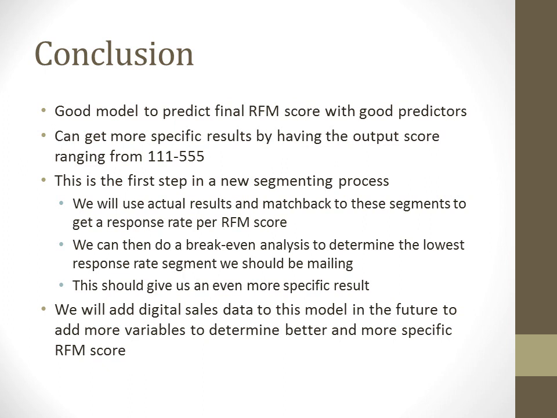So we'd like to be able to see where those matches are, and we'd like to add a few more variables into this, such as email responses, just browsing data. There's just a lot of different variables we can use in the digital side. So hopefully this is a good start for us, being able to use this and understand our customers further, who we should be sending a catalog to, so we can maximize profits from there.